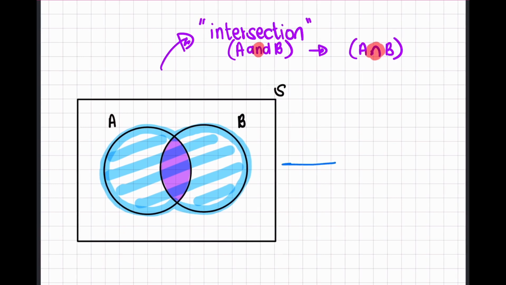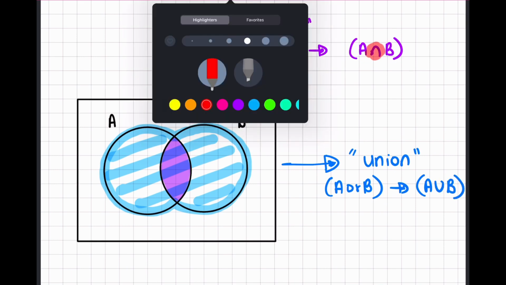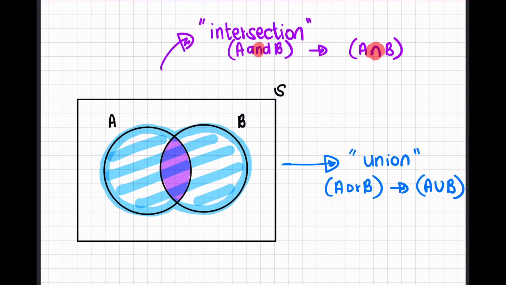If I'm talking about what I've just highlighted in blue, that we would say is the union of two events, and that I would talk about as A or B. So it's everything within the two circles, and that we would talk about as A or B as notation. So another thing that I would say to remember it is union has a U in it, and that kind of looks like a right way up U.